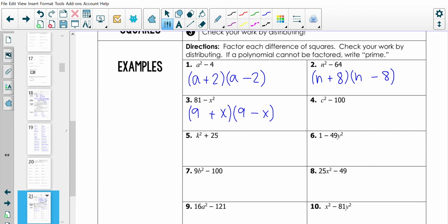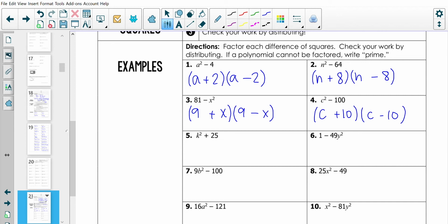Okay, try number 4. Okay, you should get c plus 10, c minus 10. It does not matter if you wrote your minus or plus first, but it obviously just makes more sense to always do it in the same order.